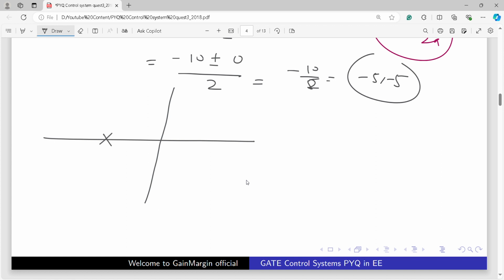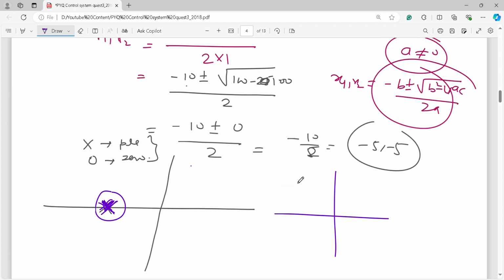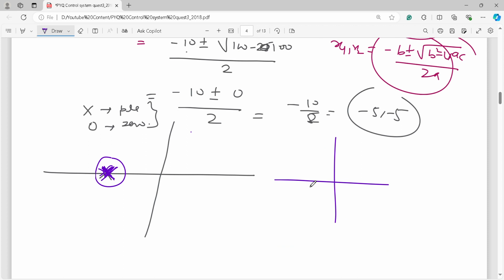In the S plane representation, we can present a pole as a cross mark and a zero as a circle. Here the poles are real and coincide with each other, meaning multiple poles lie there. So for critical damped, the pole will lie on the real axis.